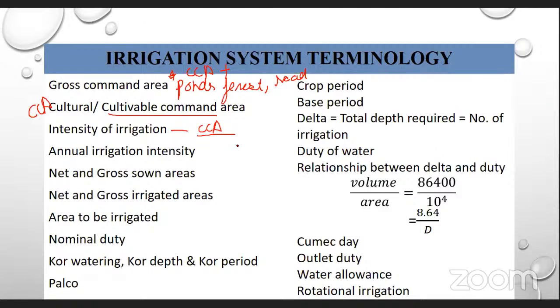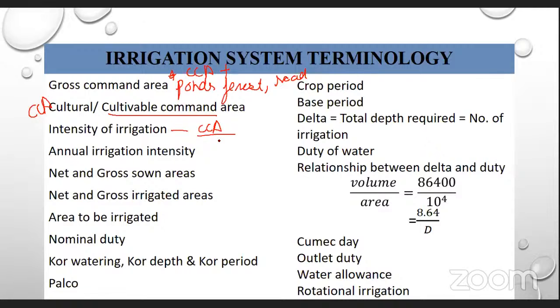But we can't irrigate all the culturable command area seasonally. This means all the CCA is not going to be irrigated, but only some area will get adequate water.